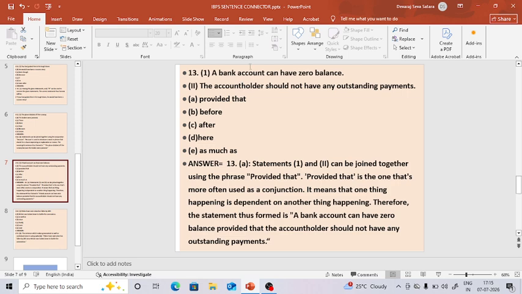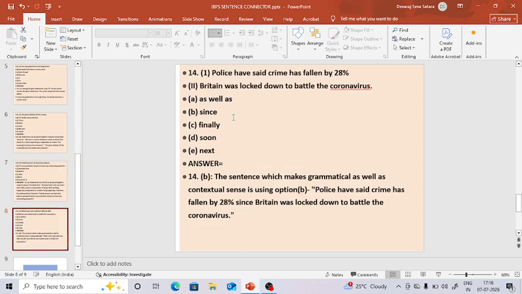So the first thing is possible when the second condition is fulfilled. So see the sentence: a bank account can have zero balance provided that the account holder should not have any outstanding payments.